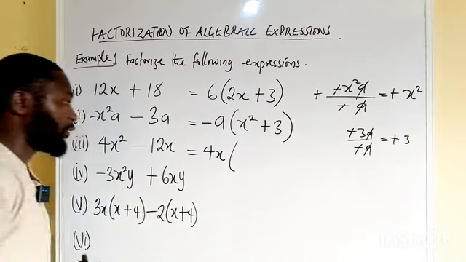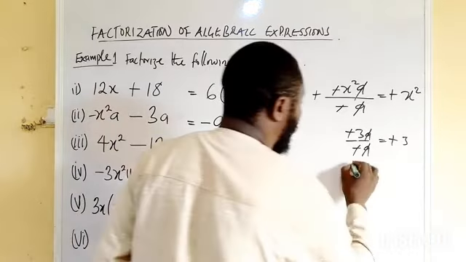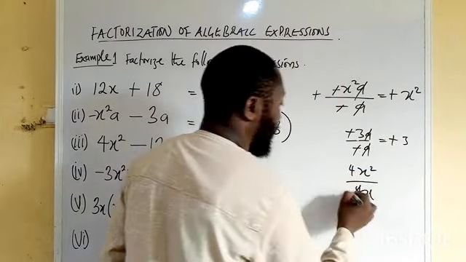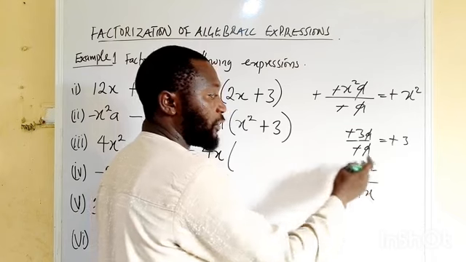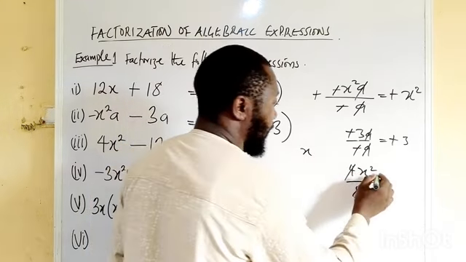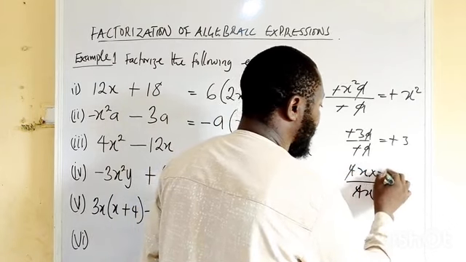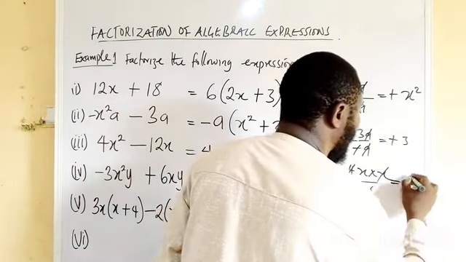Open the bracket. Use 4x to divide this. We have 4x squared divided by 4x. 4 cancels 4. x squared means x times x. By the time you cancel out one x, you still have another x, meaning this will give us x.